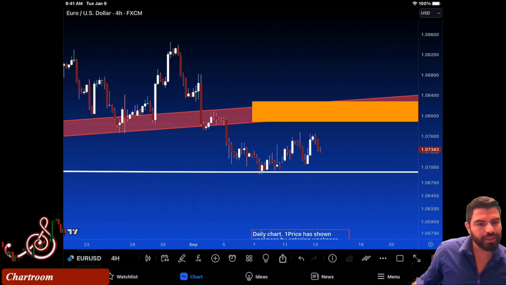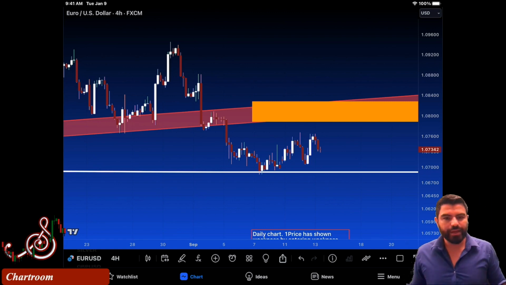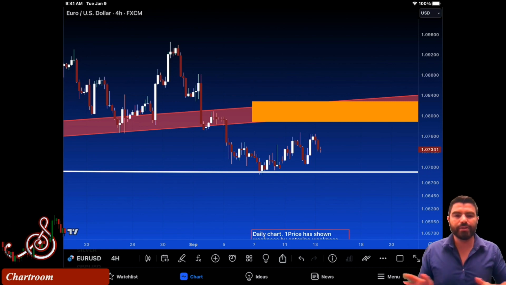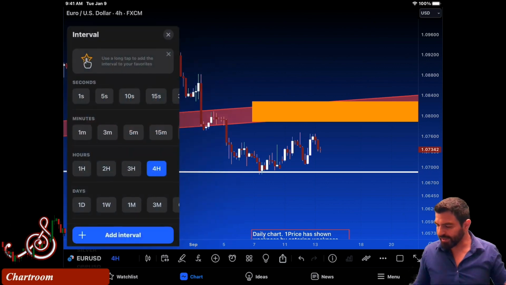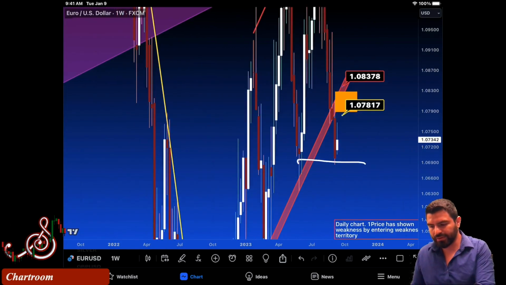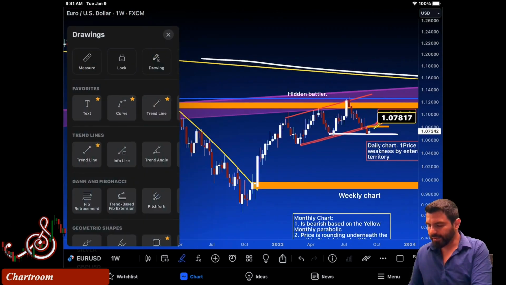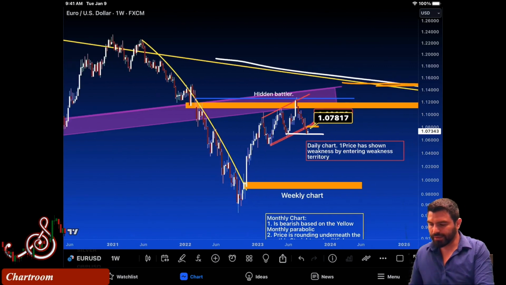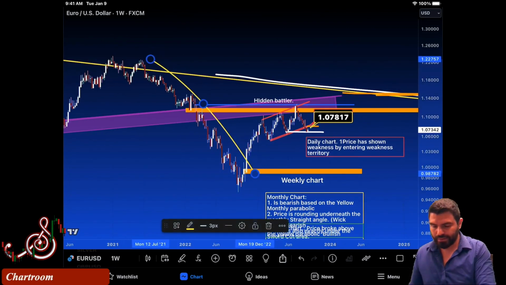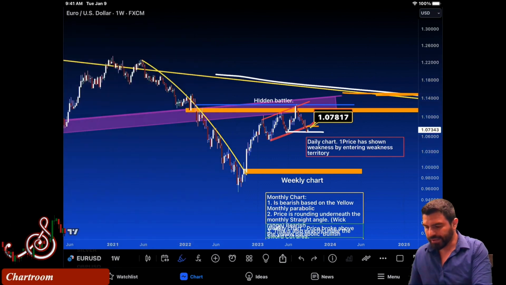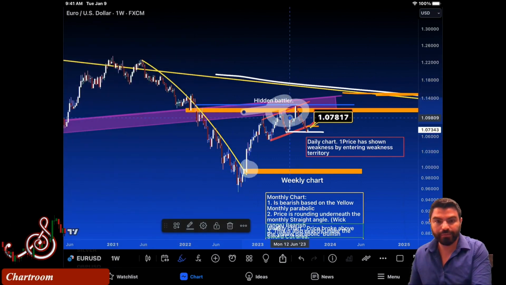Superfoot says, so the monthly and daily is a shorting opportunity. Yeah. And the weekly is not, in a way, because the weekly is already slowing down. We're really far. I forgot that. Let me go back to that weekly and just show you guys quickly. The trade for bullishness on the weekly was on this yellow parabolic here. That's where we drew that first. The trade was here. We're super far away from that area.